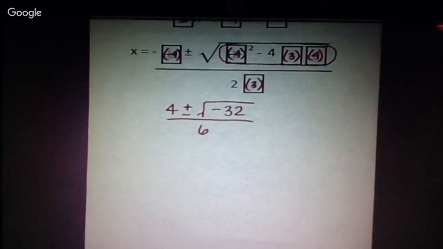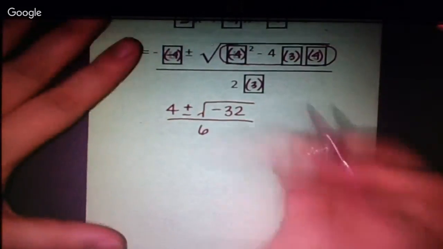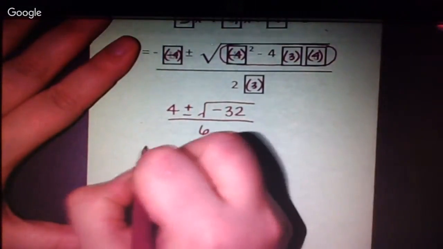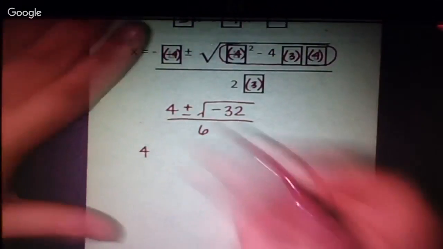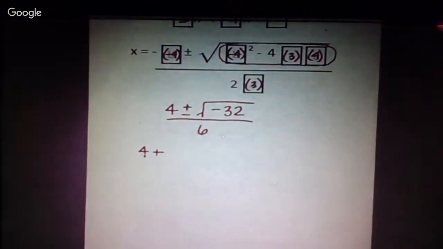So what happens when you have a negative underneath the square root is this becomes an imaginary number. So watch what I do. Your first answer, because this is going to break into 2 different answers, is 4 plus. That's where the 2 answers come from because you've got that plus and minus.